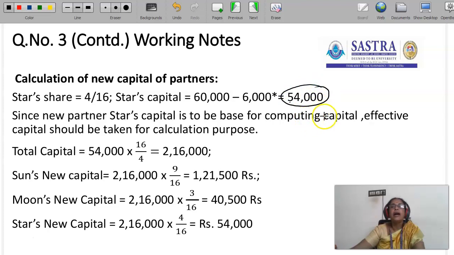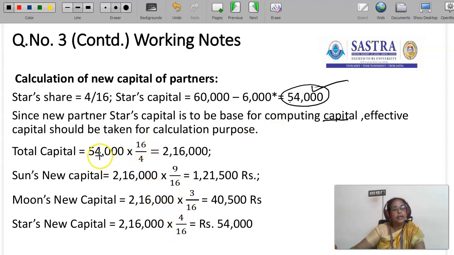Okay, we are going to adjust the capital on the basis of the new partner's capital. New partner effective capital is 54,000. His share is 1/4, so the new ratio is 4/16.